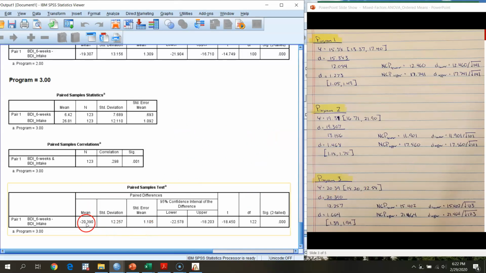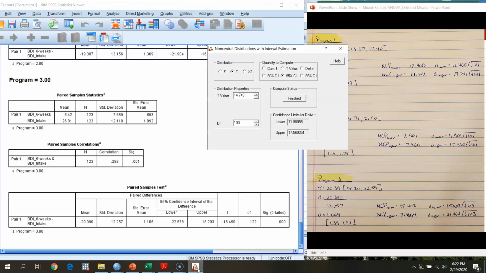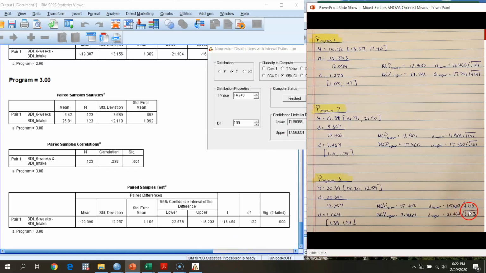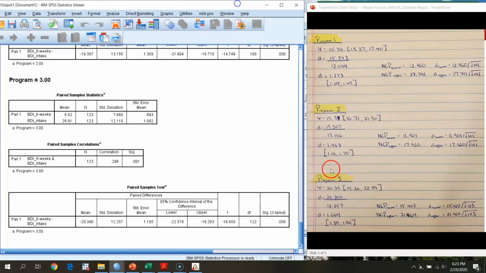Okay, same thing if we go down to program 3. We see here over a 20-point reduction. If we take our pre-post difference divided by our standard deviation of the difference scores, it gives an effect size of 1.66. If I run it again, the same thing, I get upper and lower limits on my non-centrality parameters, back-translate those into upper and lower limits for my d, and I get anything from a 1.39 standard deviation reduction from pre to post, all the way up to almost a 2 standard deviation reduction in BDI scores.